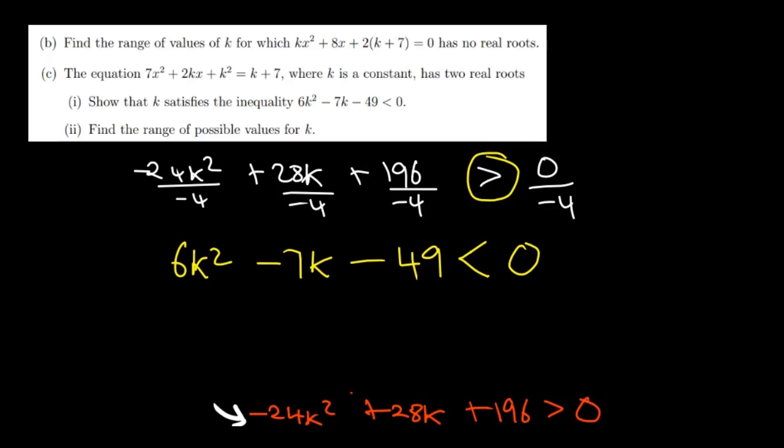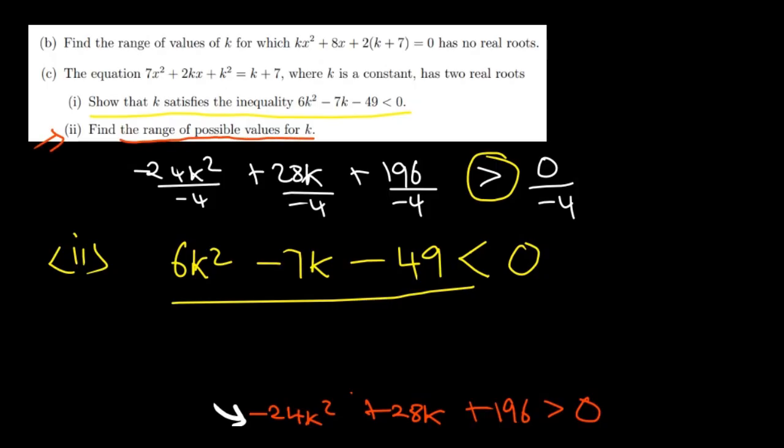So we've shown this is part 1: k satisfies this inequality, simplified from the equation we had. Now we go to the second part, where they ask us to find the range of possible values for k.